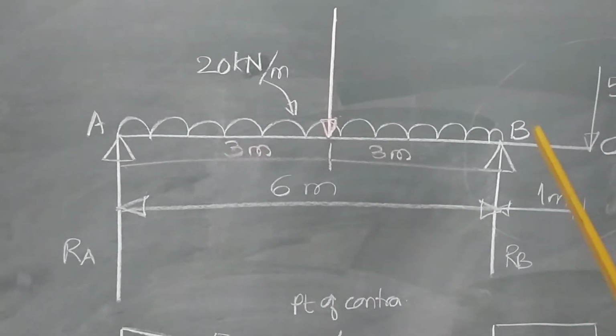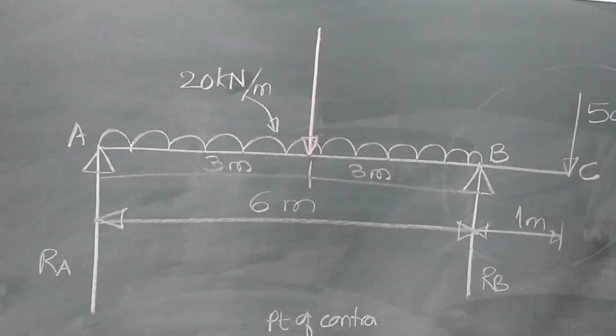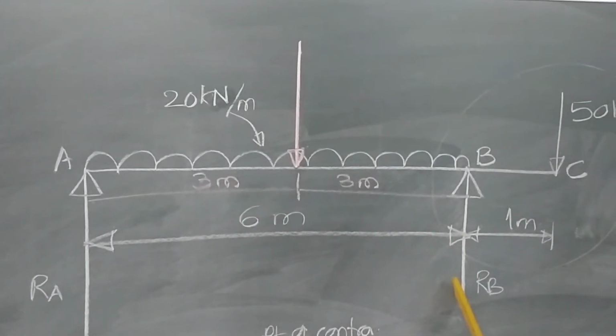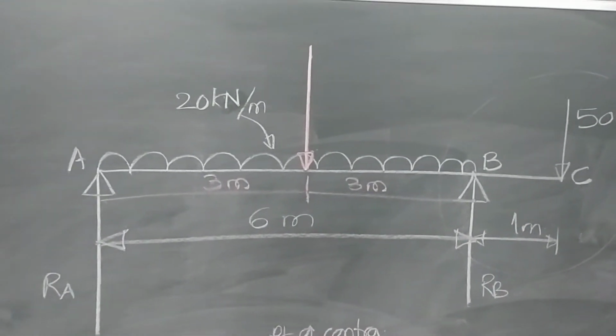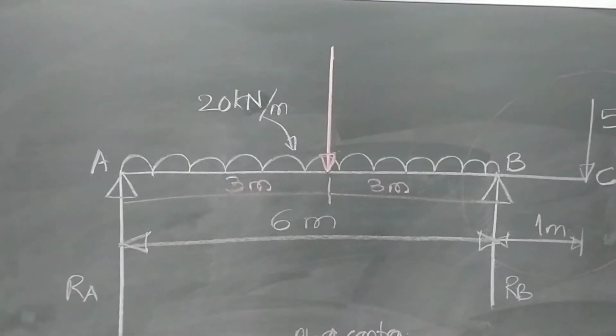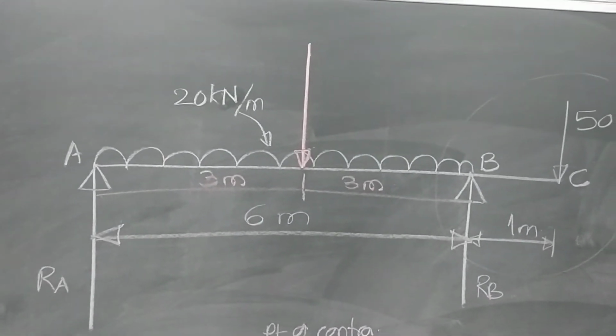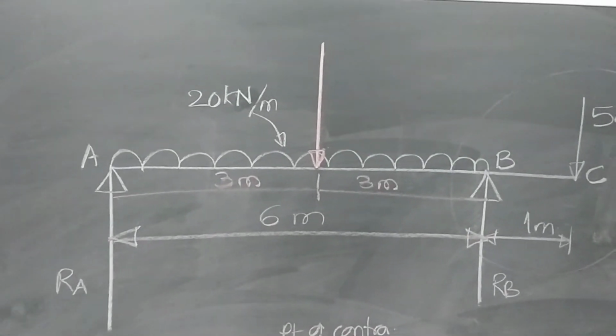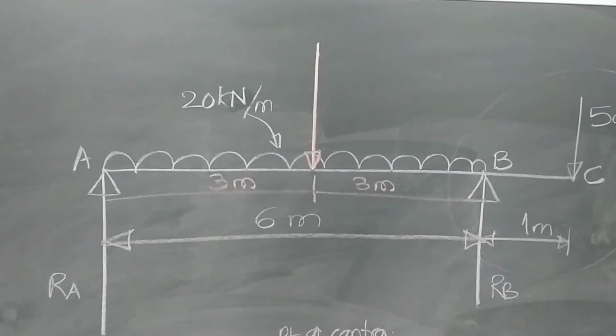So now the algorithm to solve this problem: find out RA and RB first, then draw shear force diagram, and from shear force diagram find point of contraflexure if any.